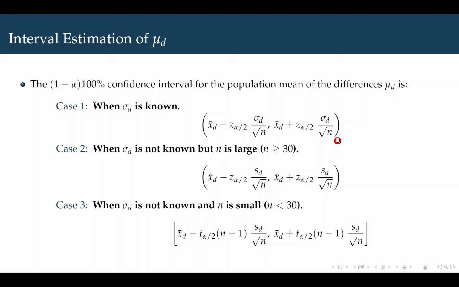But if this confidence interval doesn't include 0, then we can say the population mean of the differences is significantly different from 0. And if the population mean of the differences is significantly different from 0, that means the treatment is effective, which could be either an increasing or a decreasing effect.